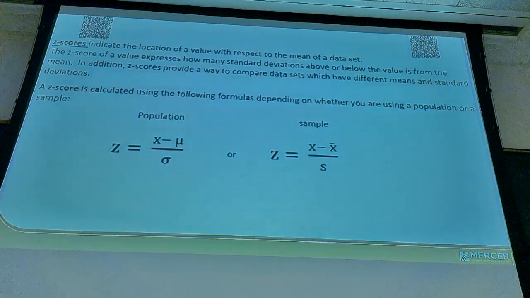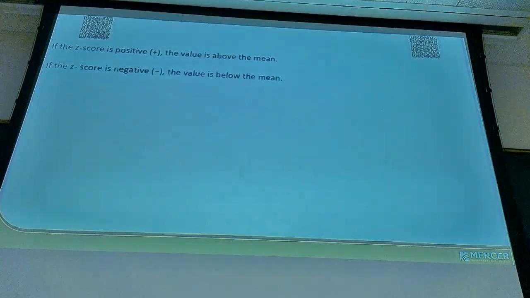A positive z-score obviously means that you're located above the mean. Negative z-score is you're below the mean.